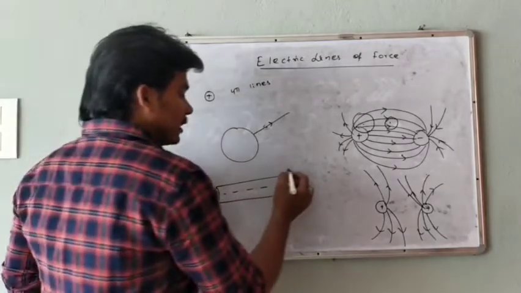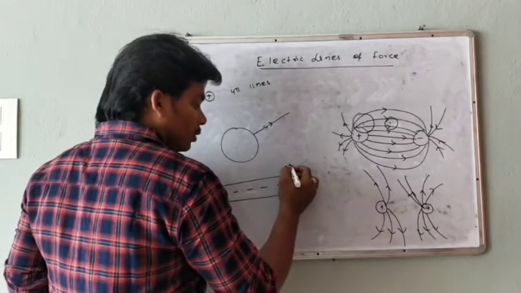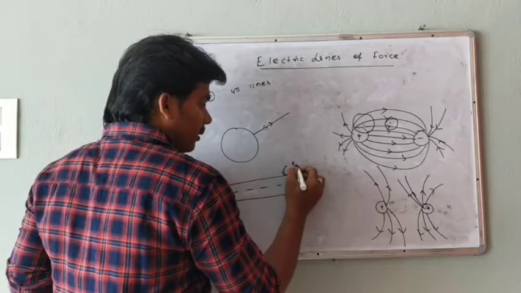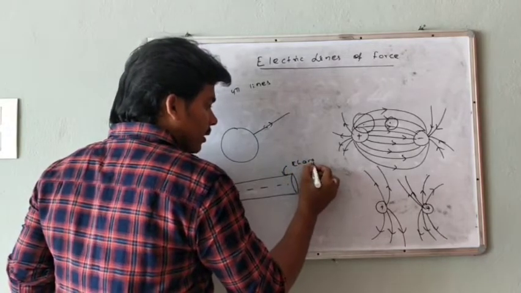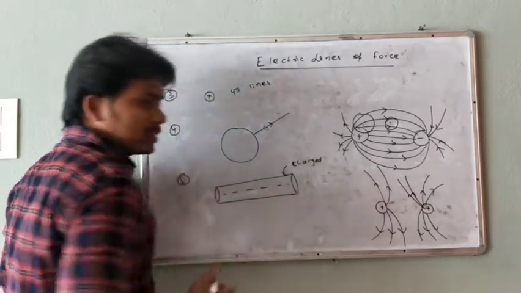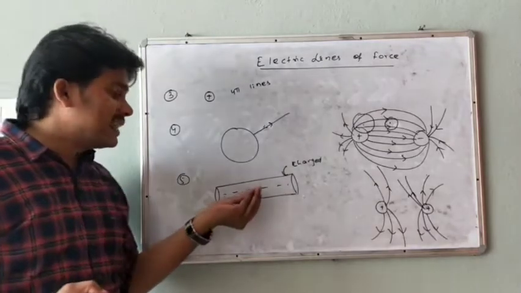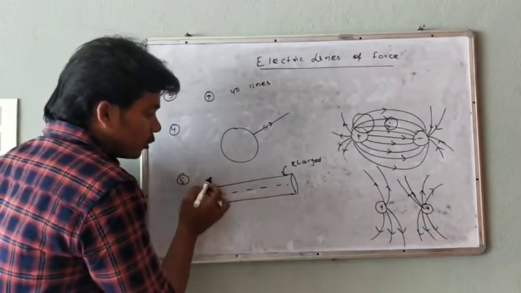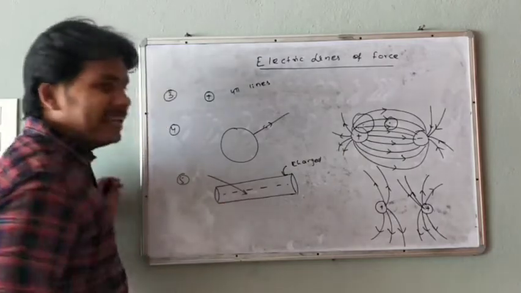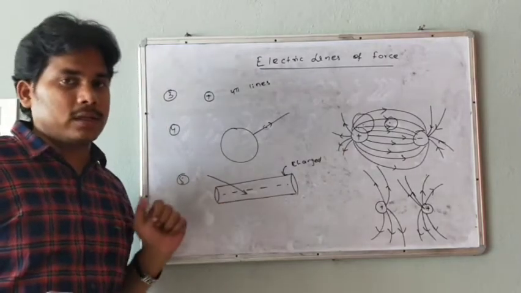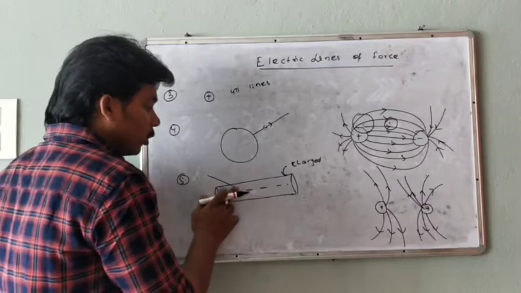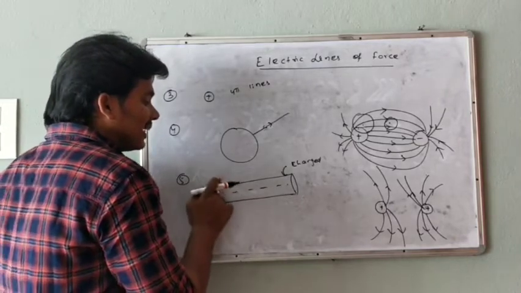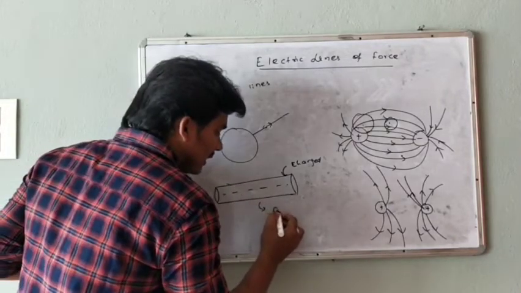This outside is the charged body, but inside there is no charge. That's why the electric lines of force never enter the conductor. Means we can understand this is electrically sealed.